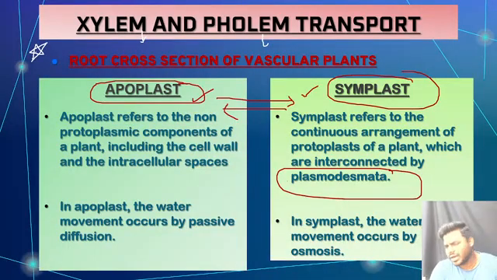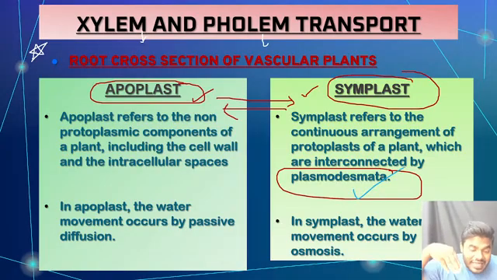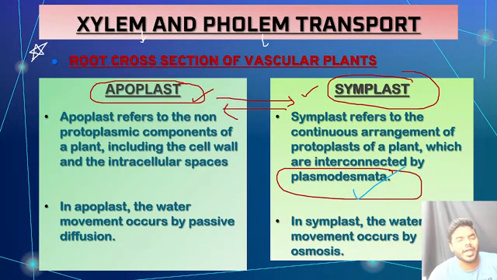Commonly remember: symplastic, plasmodesmata, and symplastic means through the cell, inside the cell. With the apoplastic pathway, friends, whatever ion or molecule is transported by the apoplastic pathway never enters inside the cell. They never enter.